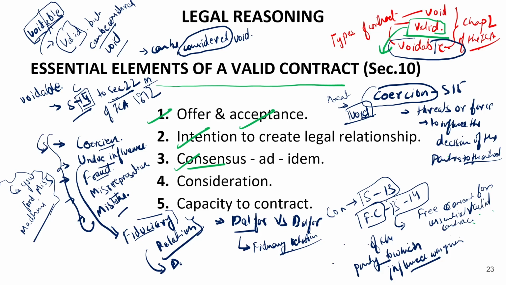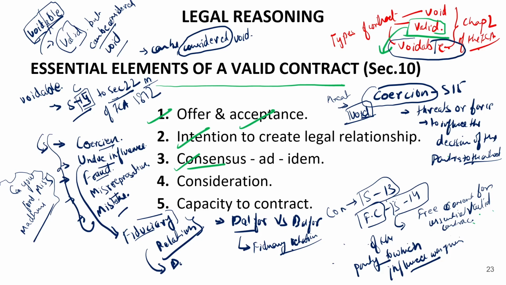So undue influence means any influence because of the fiduciary relation that exists, and at that point that particular agreement will be considered a voidable contract, at the instance of the party to whom this undue influence has been administered.